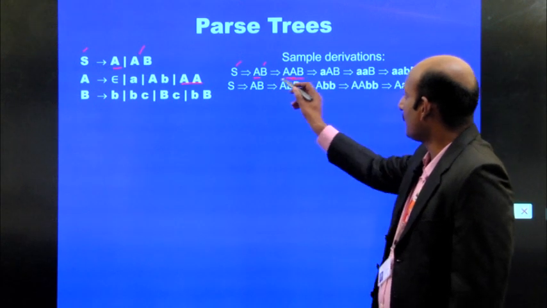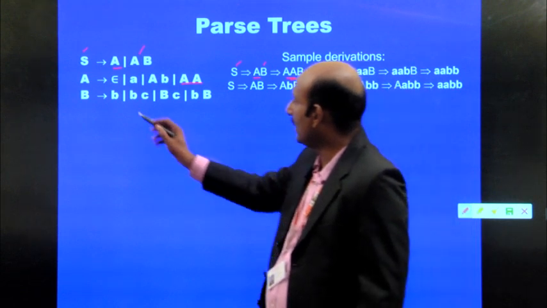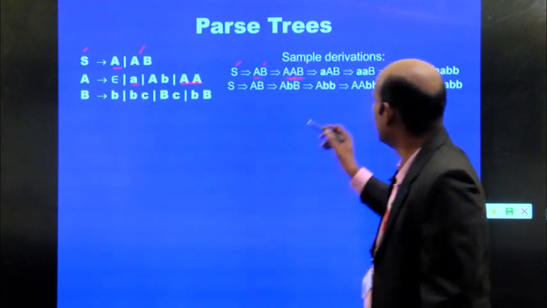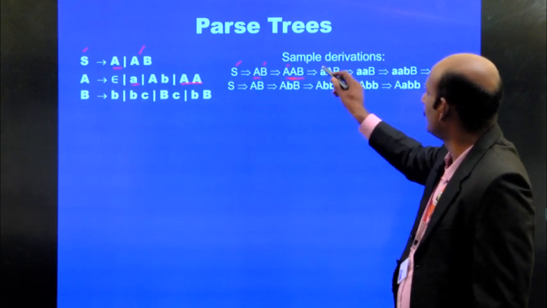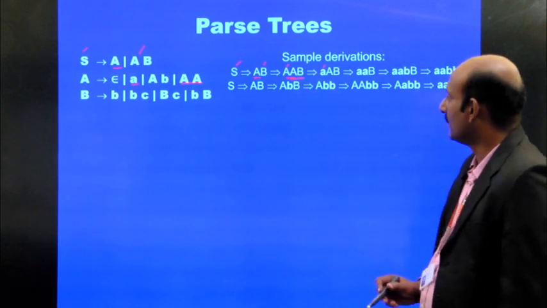Now after this, we can go for replacing with small a. Capital A gives the small a. So this capital A is replaced into small a and the rest is AB.